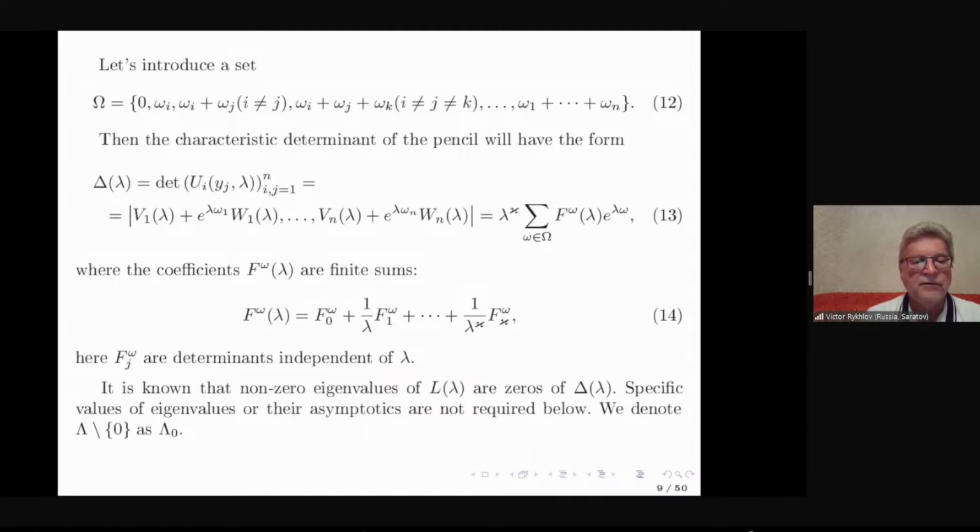Here f sub j super omega are determinants independent of lambda. It is known that non-zero eigenvalues of L of lambda are zeros of delta lambda. Specific values of eigenvalues or their asymptotics are not required below. We denote lambda minus 0 as lambda 0.